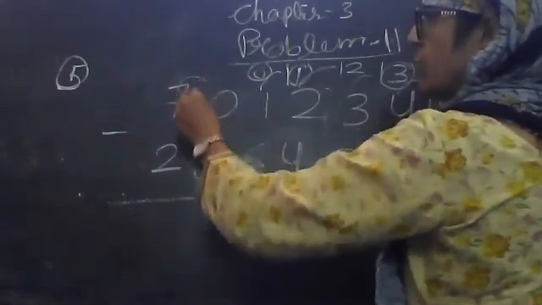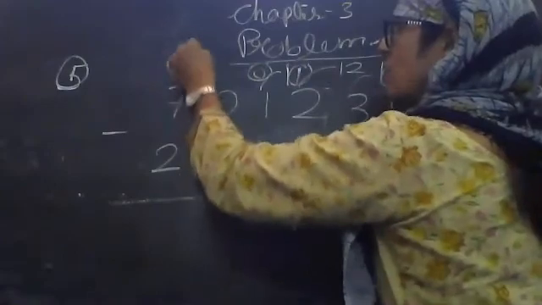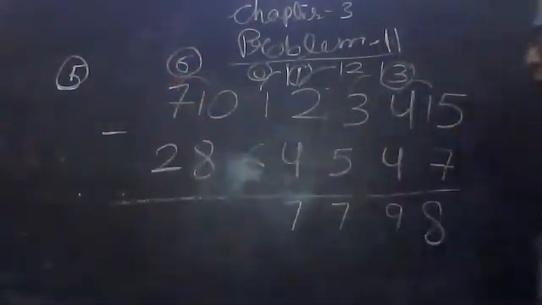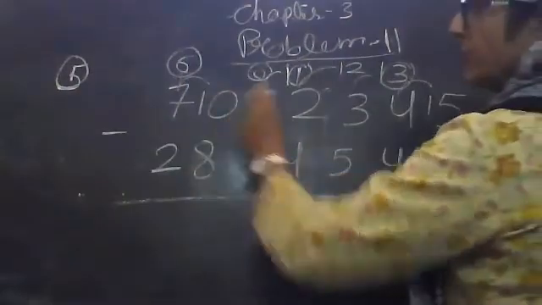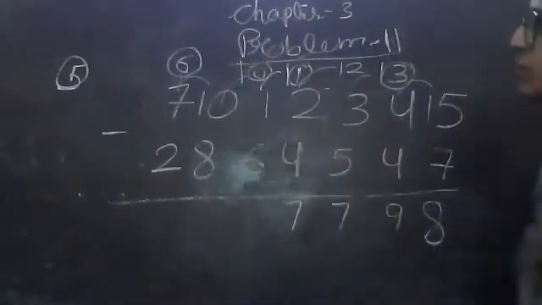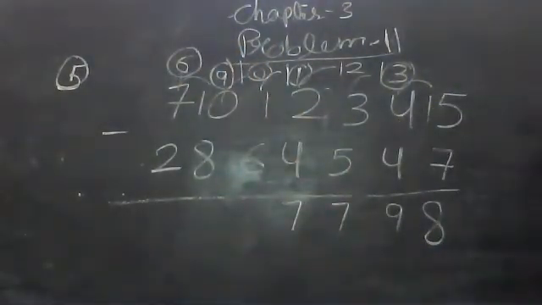You just borrow here. This number will become 10 and this number 7 will become 6, because already we borrowed 1 from 7. Now from 10 we can borrow here also. So here also it becomes 10 and this number becomes 9. Understood?